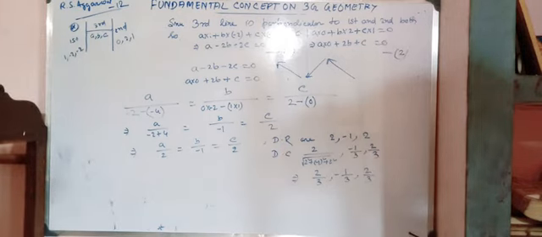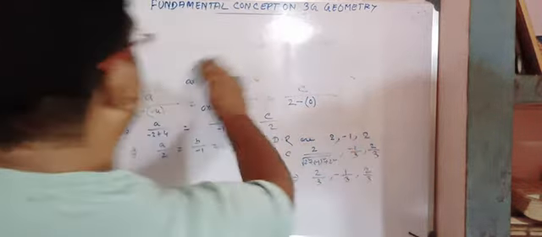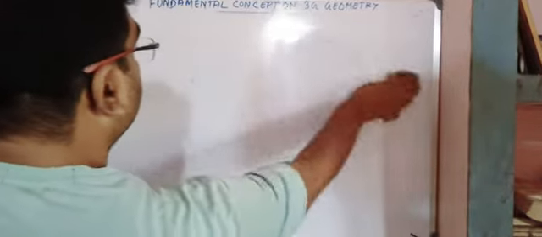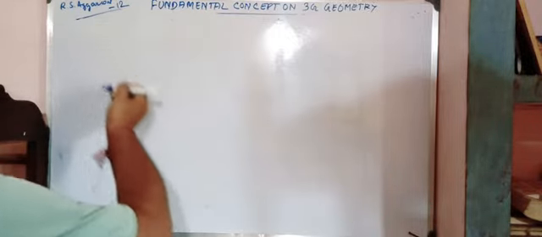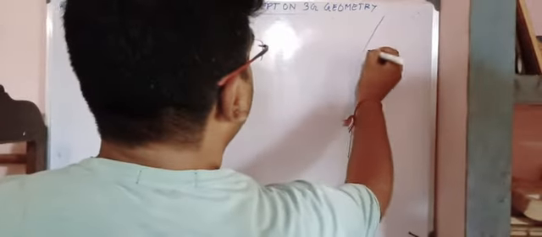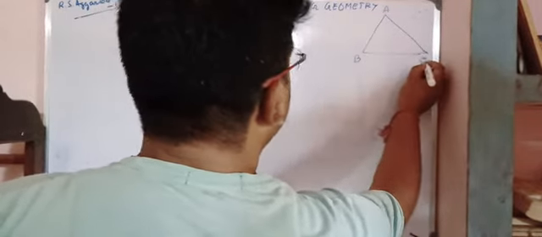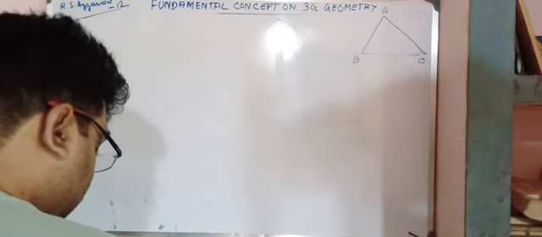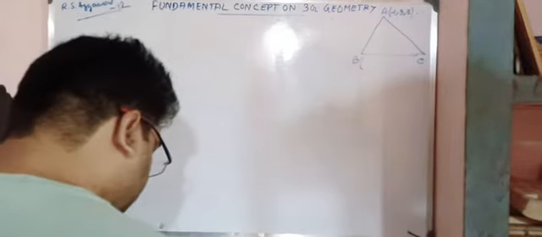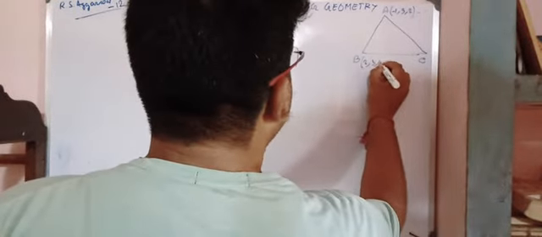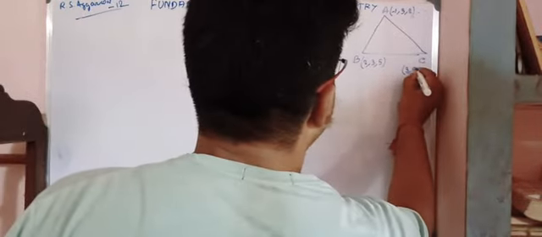One very good question is given here. A triangle ABC is given, with A equal to minus 1, 3, 2; B equal to 2, 3, 5; and C equal to 3, 5, minus 2.